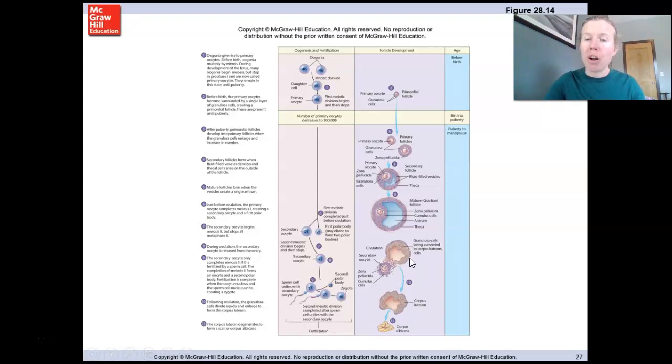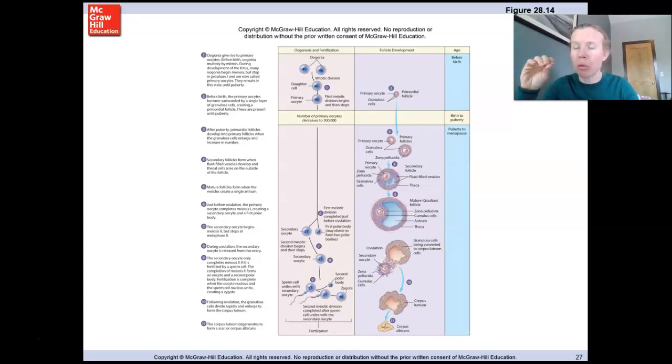The tertiary follicle, the mature follicle, is going to actually bulge and distort the surface of the ovary. At this point, right as we're getting ready to be released, that oocyte is going to finish meiosis 1. Remember, before birth, we were paused in meiosis 1.